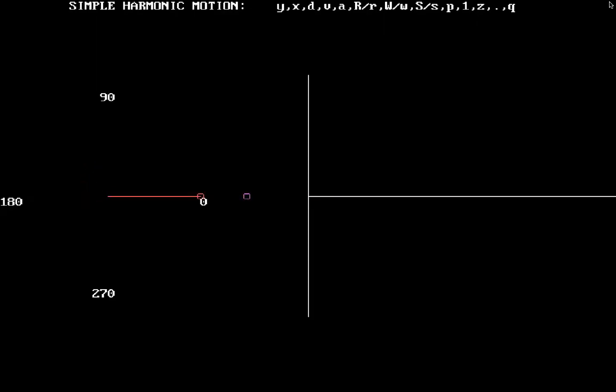Let's take a look at the y component of this motion. It looks like the mass bouncing up and down on the spring. What happens if we change the radius now?